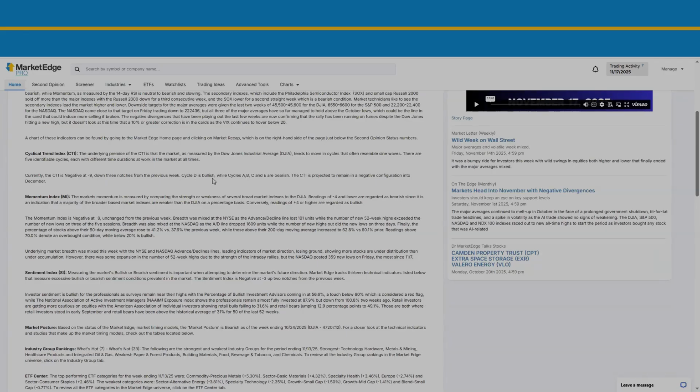It tells you what status the various cycles are in. B's bullish, A, B, and C are bearish. And a neat thing we can do is project into the future how long this bearish or bullish configuration will remain. In this particular case, it's negative, and it's projected to remain into December. This was as of last Friday, which was November 14th.